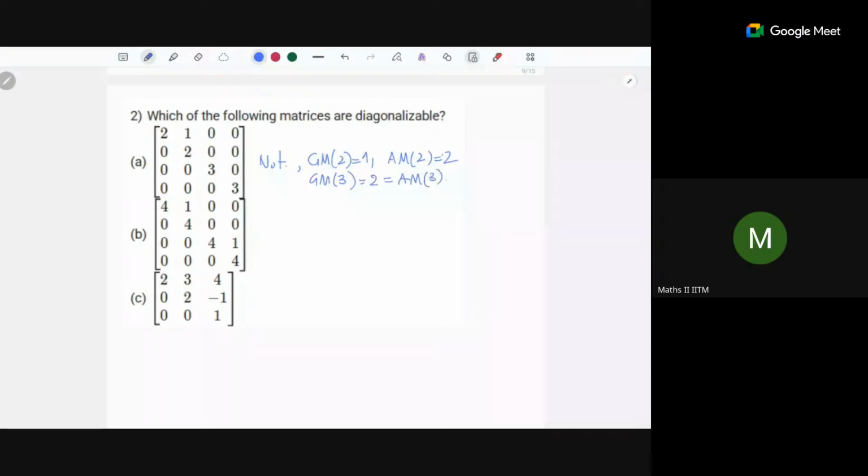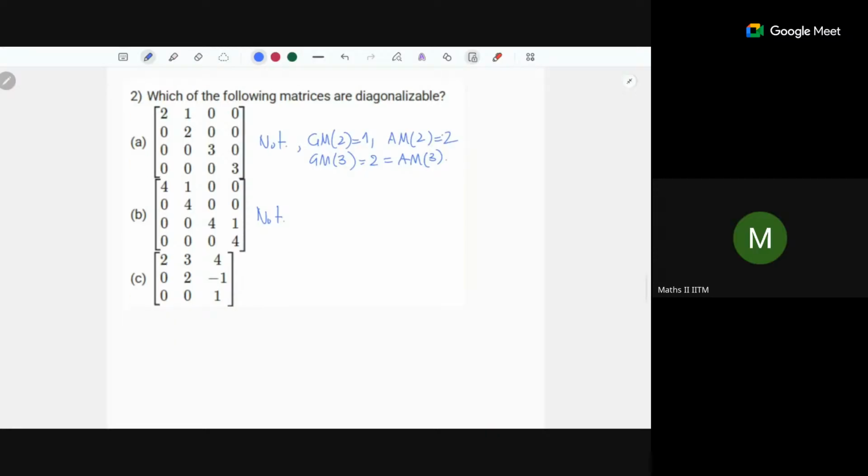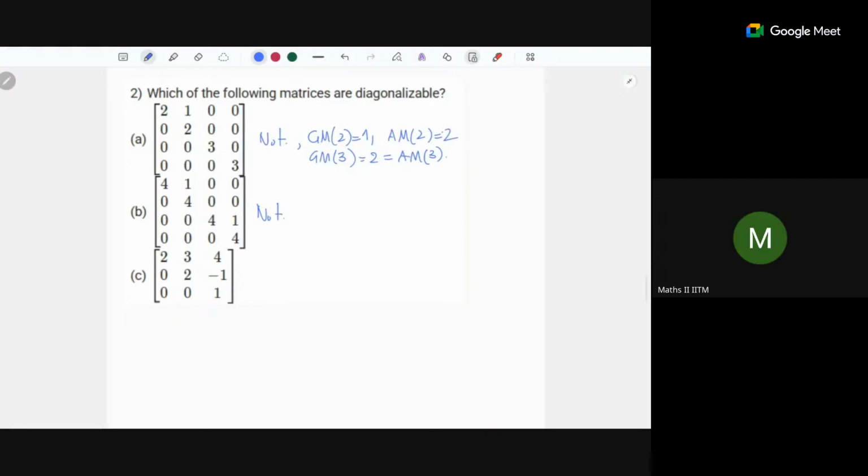All right. What about matrix B? Not diagonalizable. Again, by the same logic, right? So it is not. What about matrix C? Yes, Sonali. So how do we find the geometric multiplicity here?